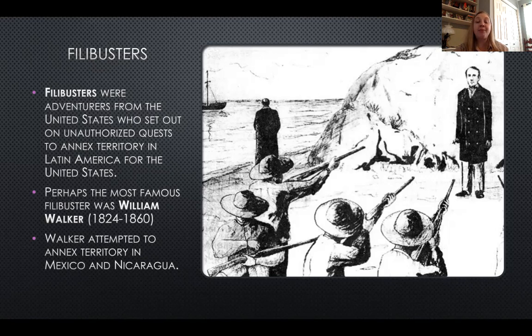He later becomes president of Nicaragua, where he institutes English as the official language, reinstates slavery, which the Nicaraguans had already abolished, and tries to get as many white Americans to move to Nicaragua as possible. He's kicked out, he comes back, and then is assassinated by a squad. But his story is pretty interesting, and these filibusters help demonstrate sort of how deep this idea of manifest destiny was within just individual Americans, right?